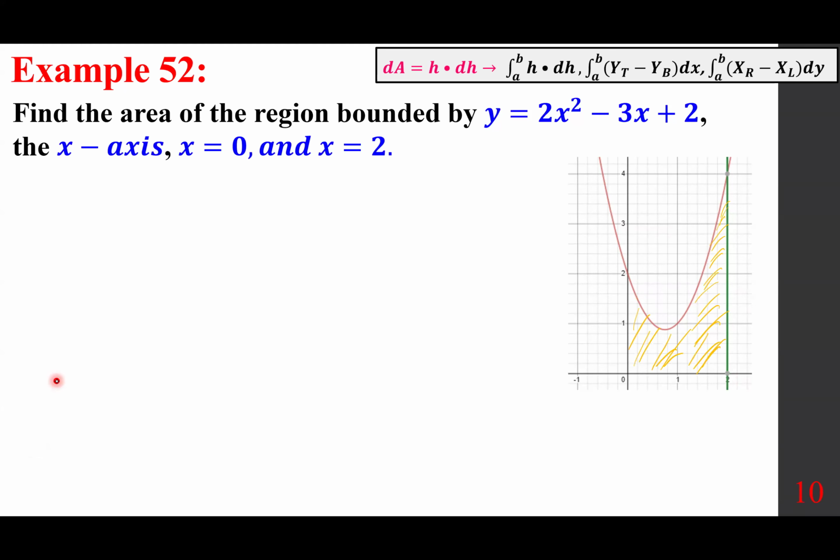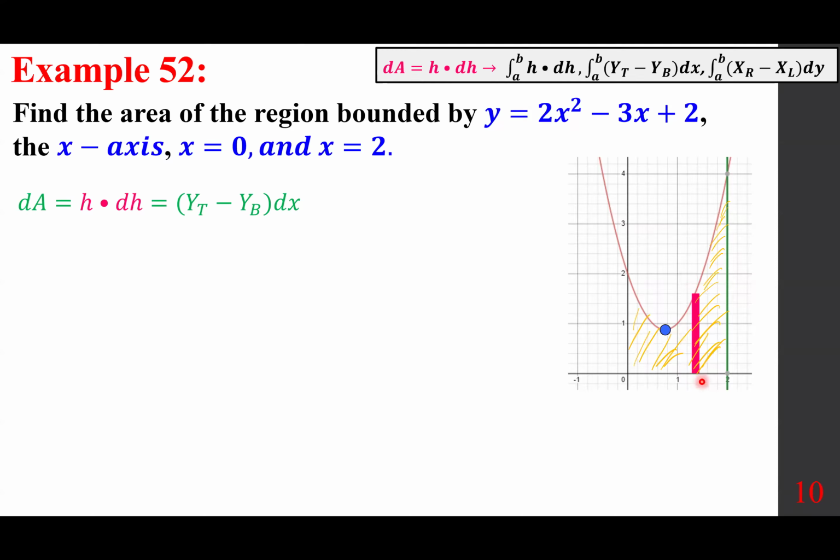So an increment of an area, and that's the vertex, is this. This distance is the height, y of the top minus the y of the bottom, and this distance is the width. So dA, an increment of an area.